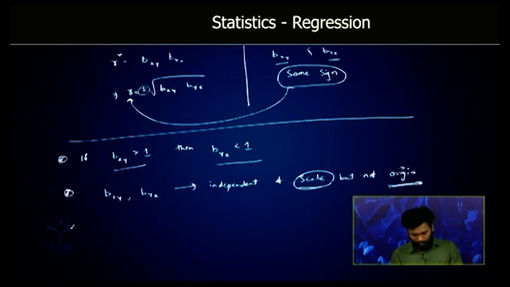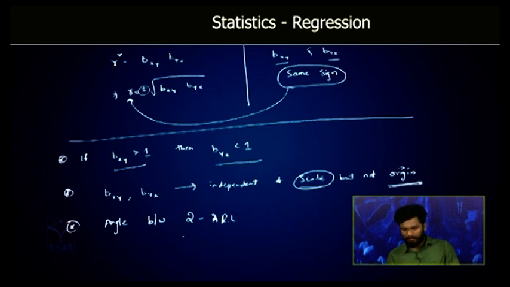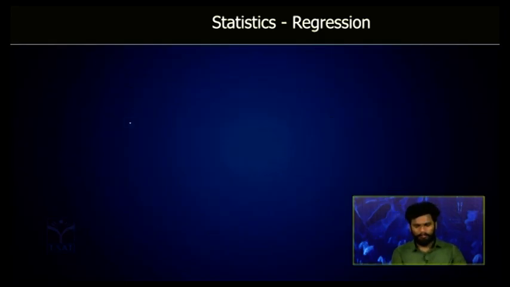Now, the angle between two regression lines. This angle is measured with tan theta, and we have two formulas for this. Tan theta is given by (1 minus r square) by mod r into sigma x into sigma y by (sigma x square plus sigma y square).